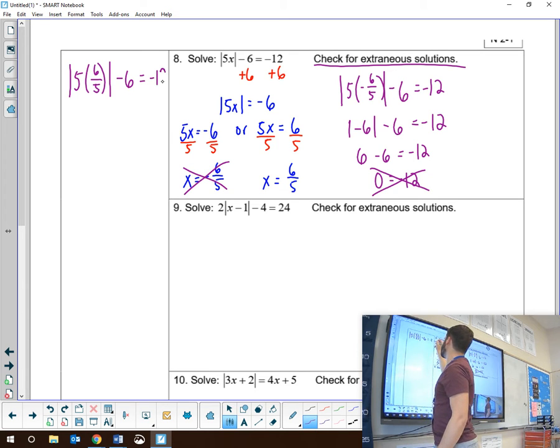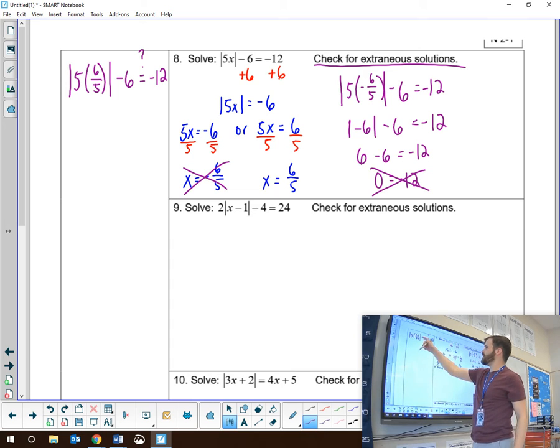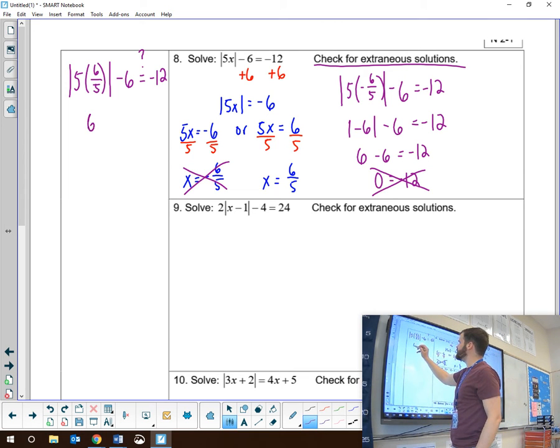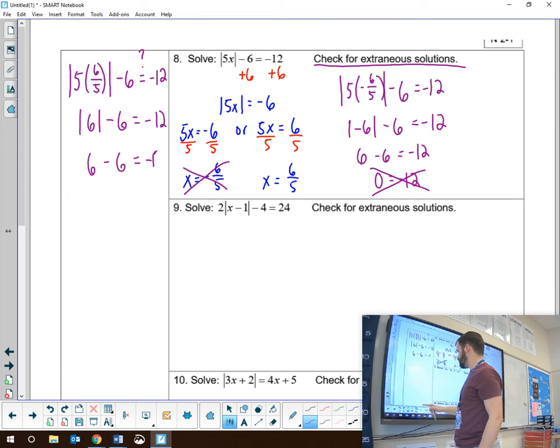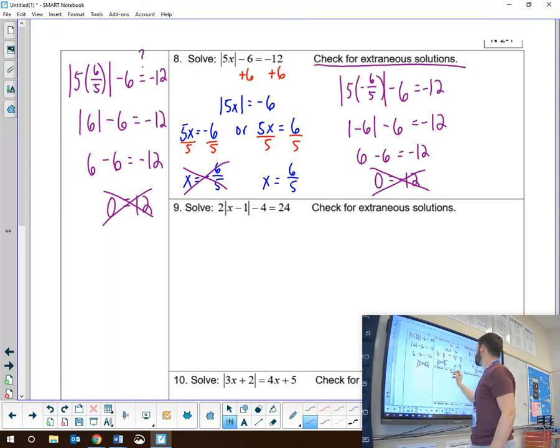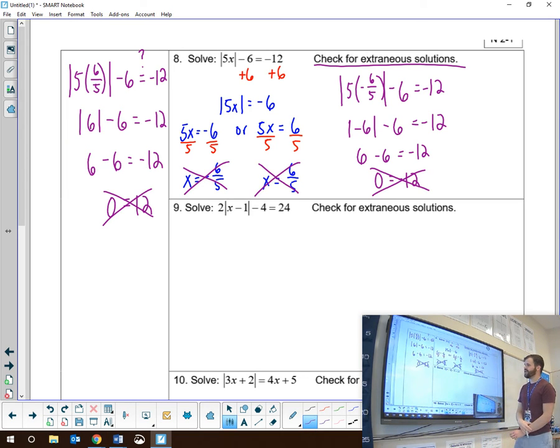Does that equal negative 12? Well, 5 times 6/5 is 6 again. The absolute value of 6 minus 6, does that equal negative 12? No, right? It equals 0 again. So this one doesn't work either.